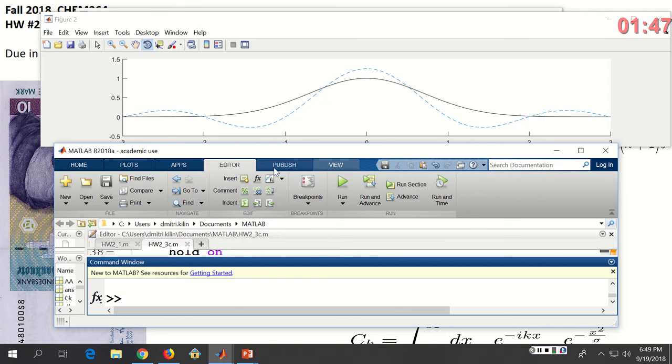Then the stuff in the brackets can be rewritten as a plus b squared, right? So c sub k equals the integral from minus infinity to plus infinity dx e to the power minus a plus b squared, and the factor e to the power plus b squared can be put up front as a coefficient.